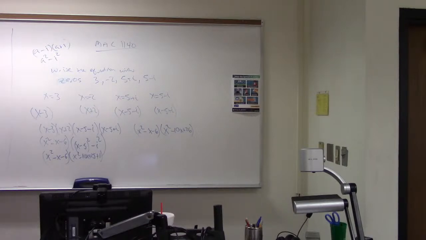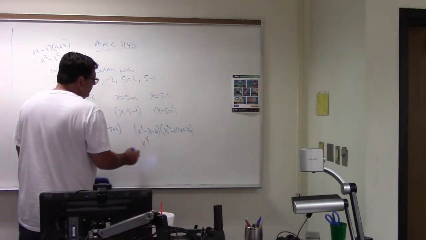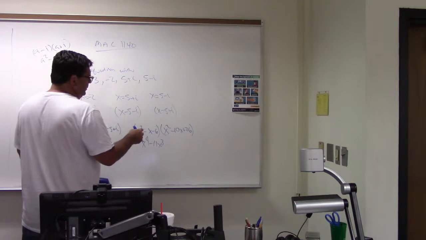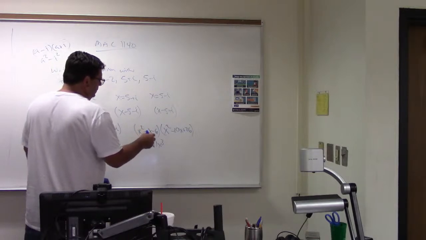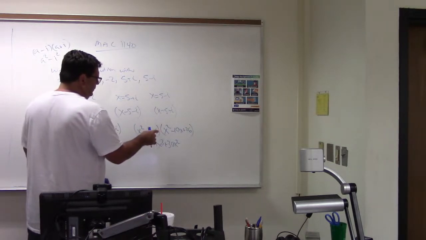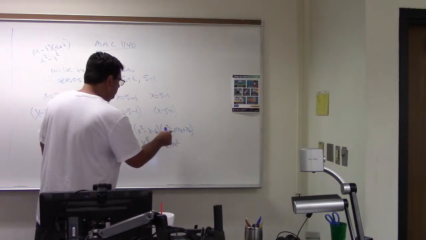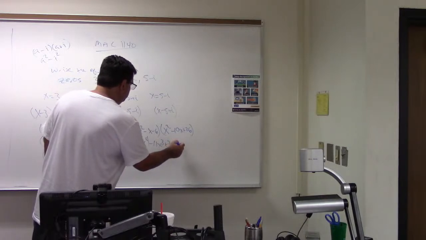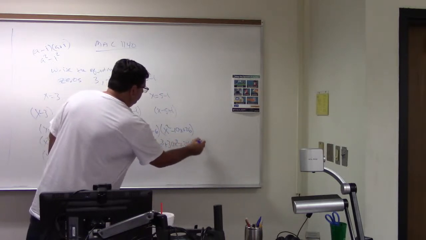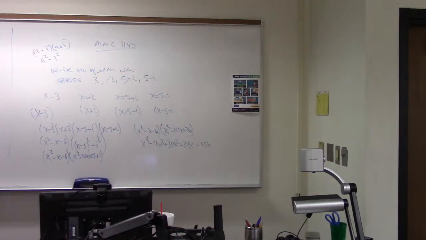Yes, sir. x to the 4th minus 11x cubed, then 30x squared, 34x, and 156. All right, is that right? Yeah, that's what I got.